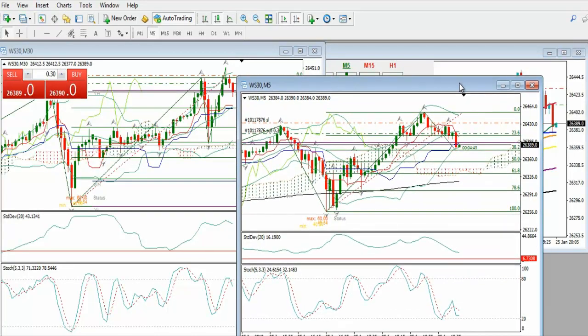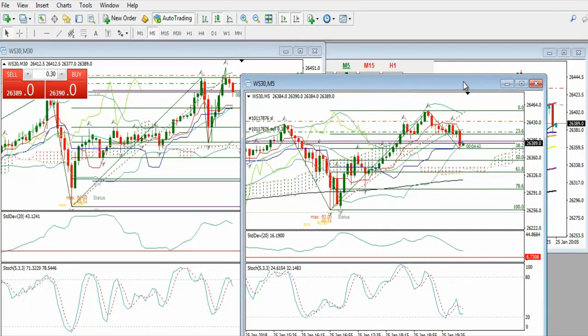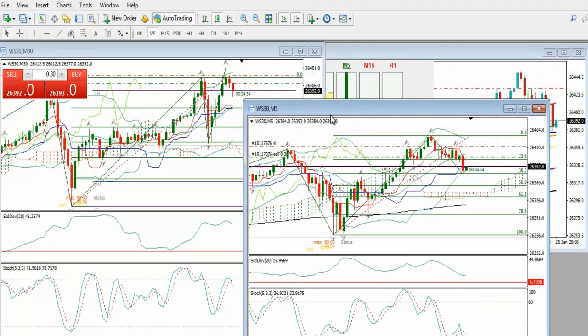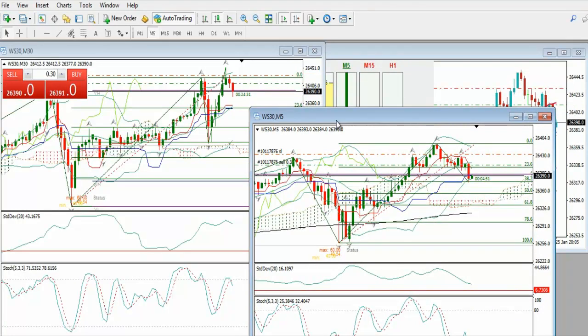I will be really careful here because the uptrend is still on, and as I told you, we're just dealing with retracement here.